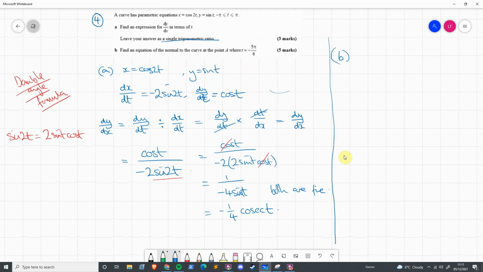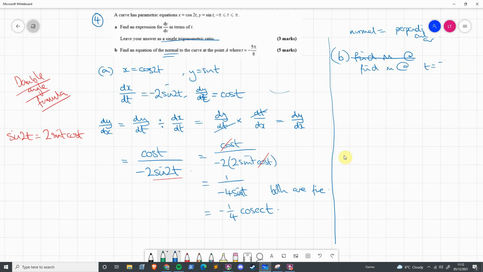So find the equation of the normal. Remember, normal is perpendicular. So first let's find the gradient. So find m at, oh, yeah, we can find that straight away.